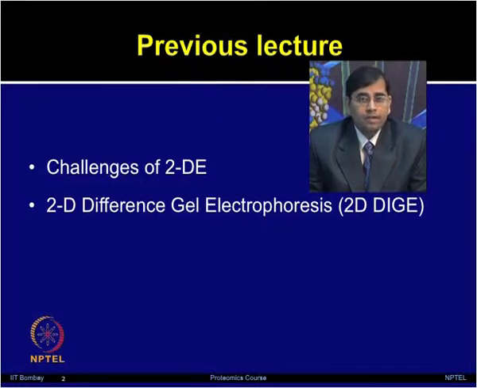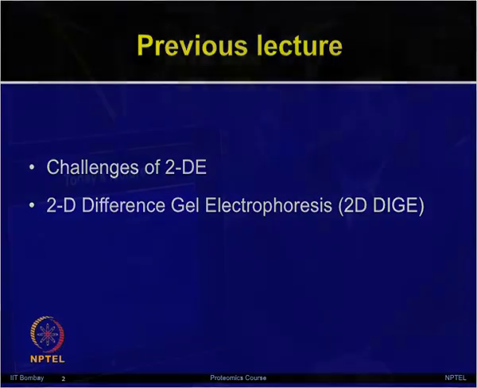But often there are various gel-to-gel artifacts and variations in the traditional two-dimensional electrophoresis method. So, we discussed how to overcome those problems. New methods such as DIGE have emerged.